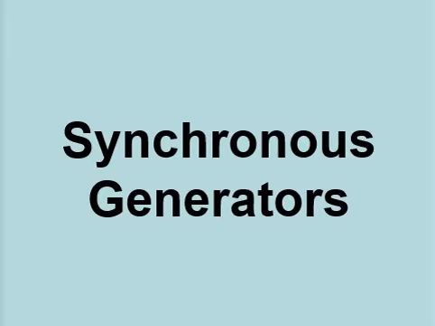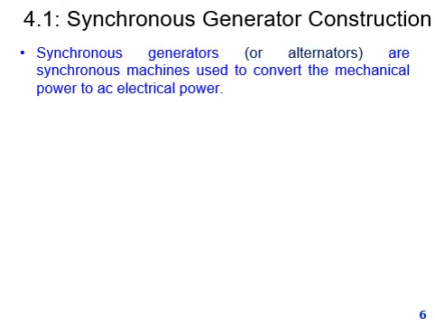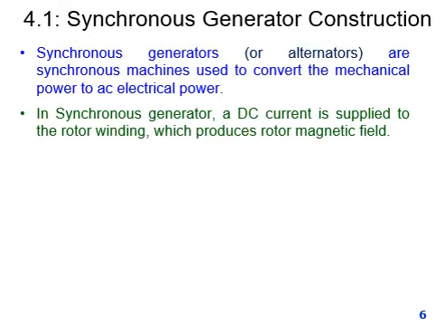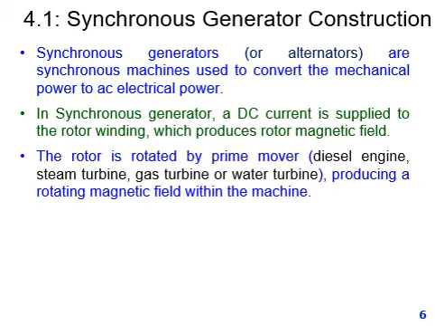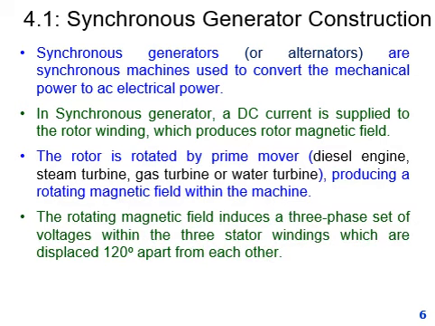Now we come to the synchronous generators. These are the machines which are used to convert mechanical power to electric power. In synchronous generators, a DC current is supplied to the rotor winding, which produces the rotor magnetic field. At the start, the rotor is rotated by a prime mover like a diesel engine, steam turbine, gas turbine, or water turbine.